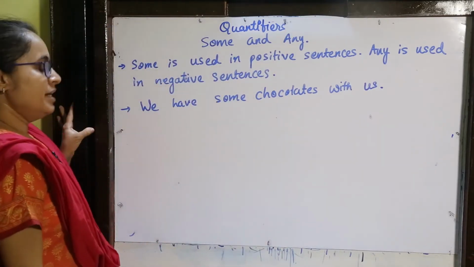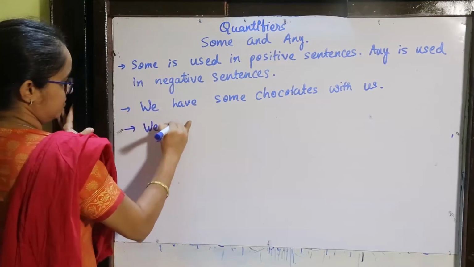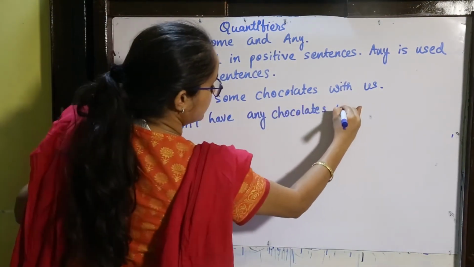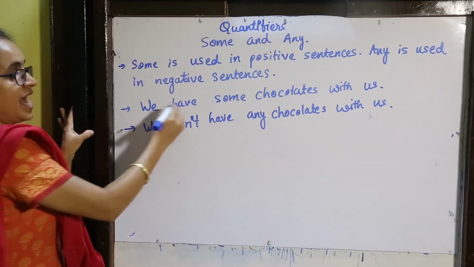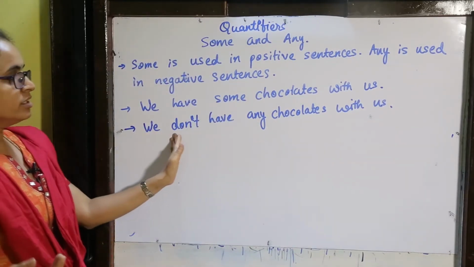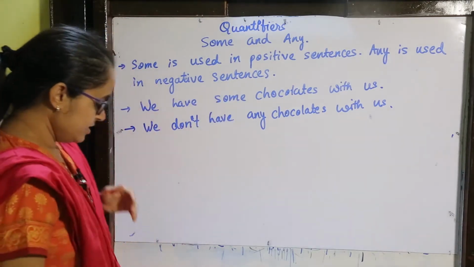But if you write like this, we don't have any chocolates with us. So we have some chocolates, we don't have any chocolates. So don't is for negative. So any is used for negative sentences.